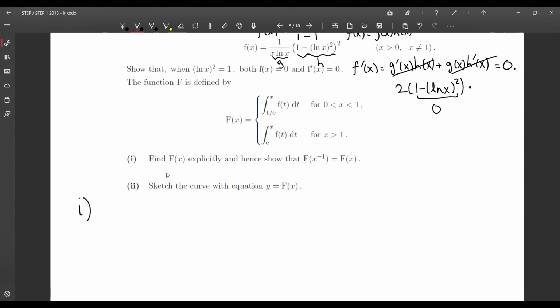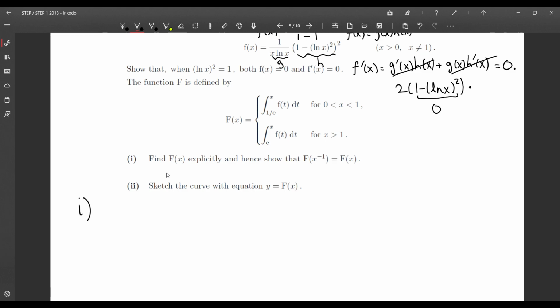So notice this could be a backwards integral. And for x bigger than 1, we integrate from e to x of f of t. So this could also be backwards. Find f of x explicitly.